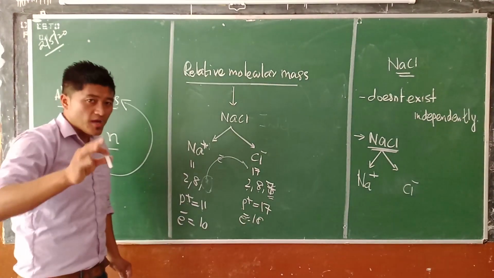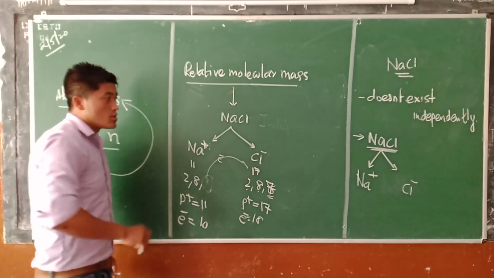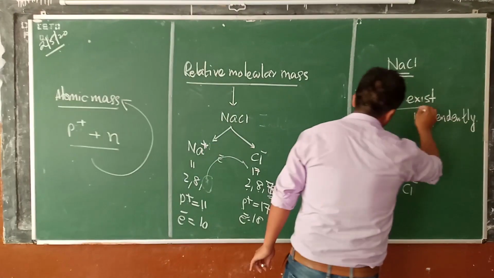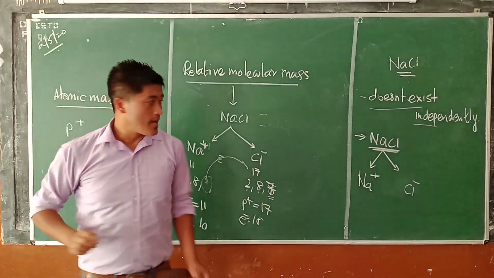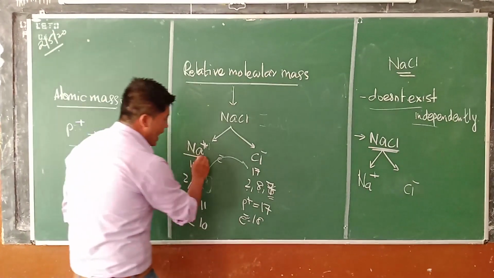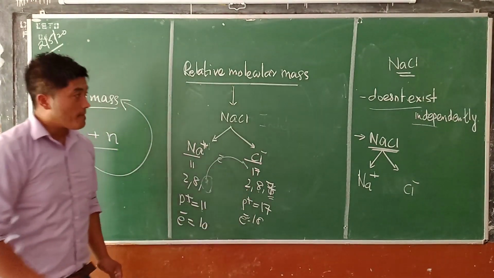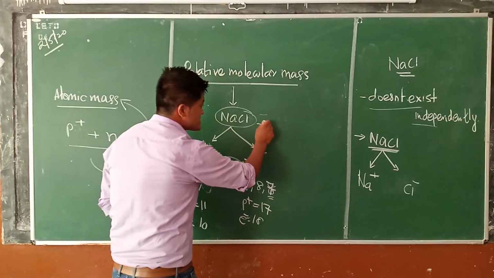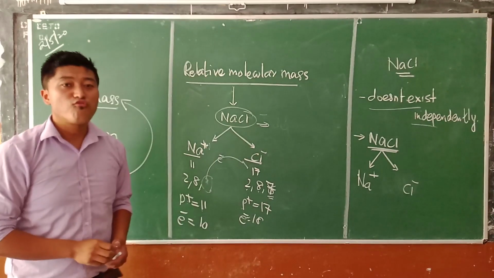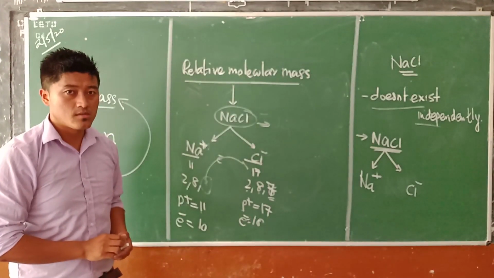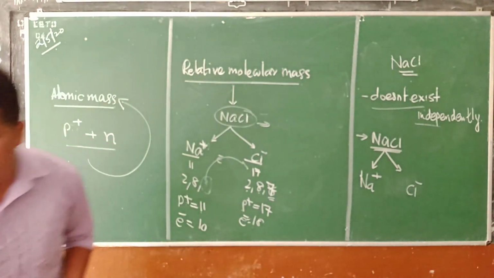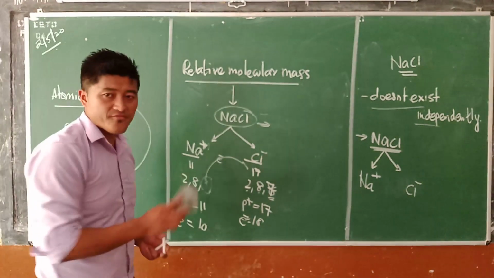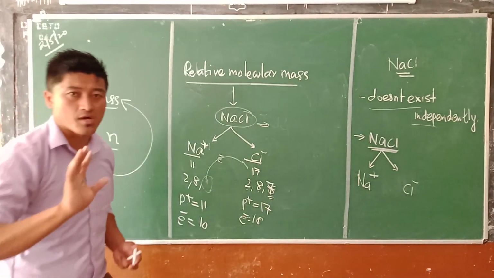So when you find any molecules which do not exist independently, and secondly, they are made up of ions, we call the molecular mass of these kinds of molecules the formula unit mass. Is that clear? There is a slight difference in the usage of the term.